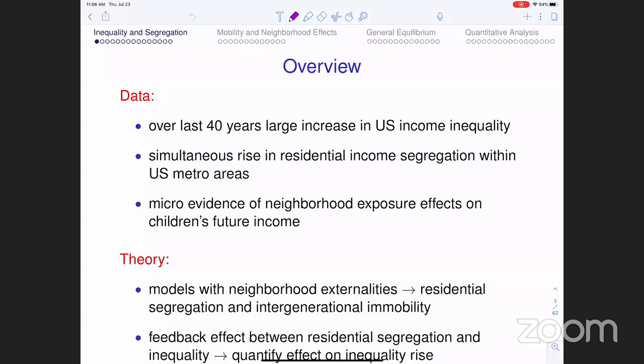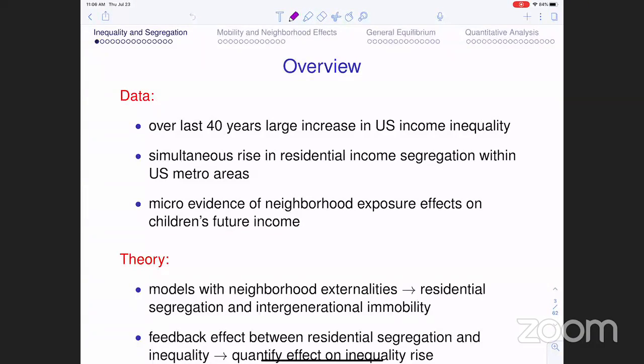And there is, fortunately, a lot of new microdata that have been used by Chetty and co-authors to think about micro-evidence of neighborhood exposure's effect on children's future income. So I'm going to talk a bit about that too.